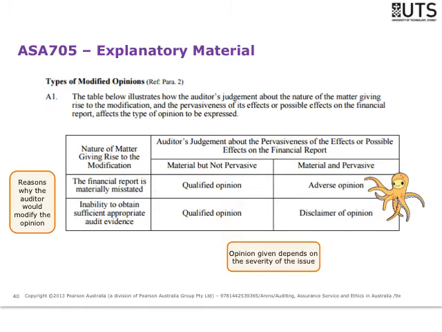Okay, so under ASA 705, so you've noticed the cute little octopus, I'll get to that. There are three types of opinions that are modified, meaning we have placed some sort of emphasis on missing information. So there is a qualified, disclaimer, and adverse.